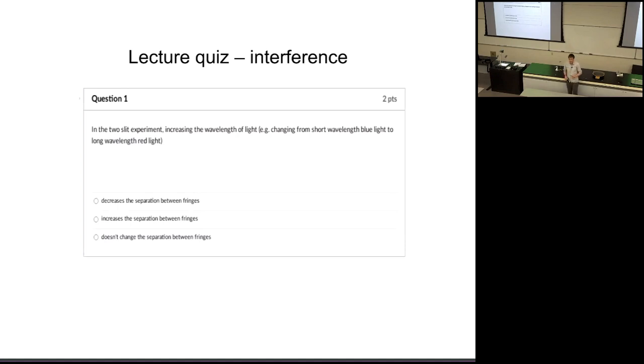So in this question, we're changing the wavelength. We're making the wavelength longer. We're going from blue light, short wavelength, to red light, long wavelength.